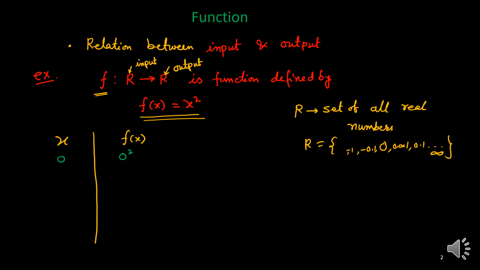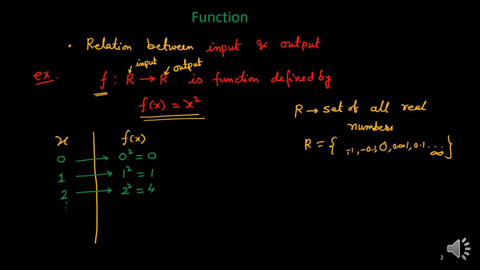So 0 is there, this output would be 0 square equals 0. Similarly, if input is 1, what is the output? It's 1 square, which is again 1. If input is 2, what is the corresponding output? 2 square, it's 4. Similarly, you will get others.